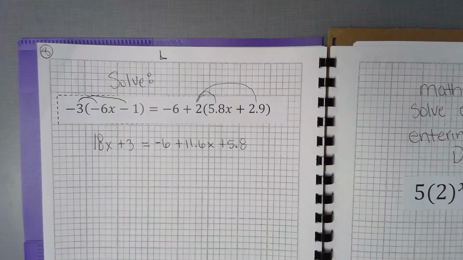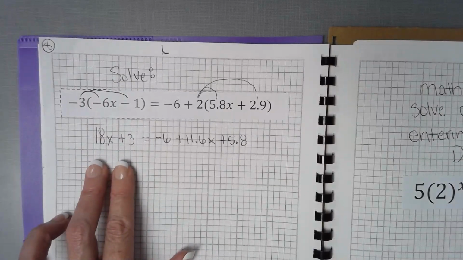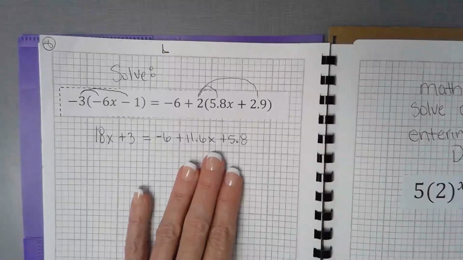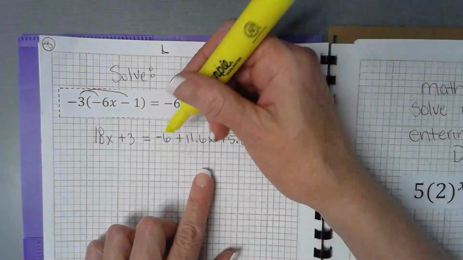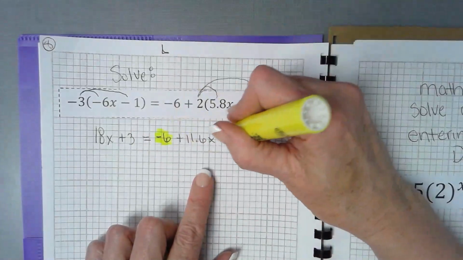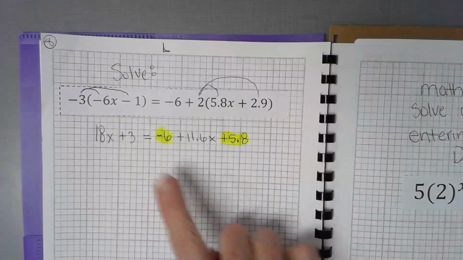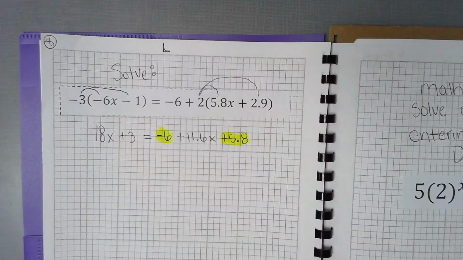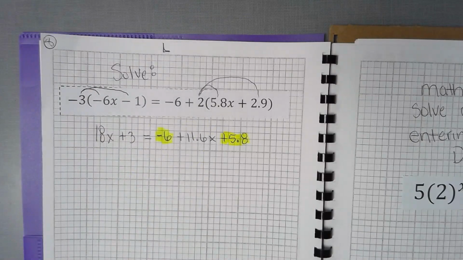Combine like terms on the same side of the equal sign. So on the left, can I combine these guys? No. How about on the right? Is there anything I can combine? Yeah. What? Negative 6 and positive 5.8. So y'all can go ahead and put that in your calculator. Negative 6 plus 5.8. Negative 0.2.